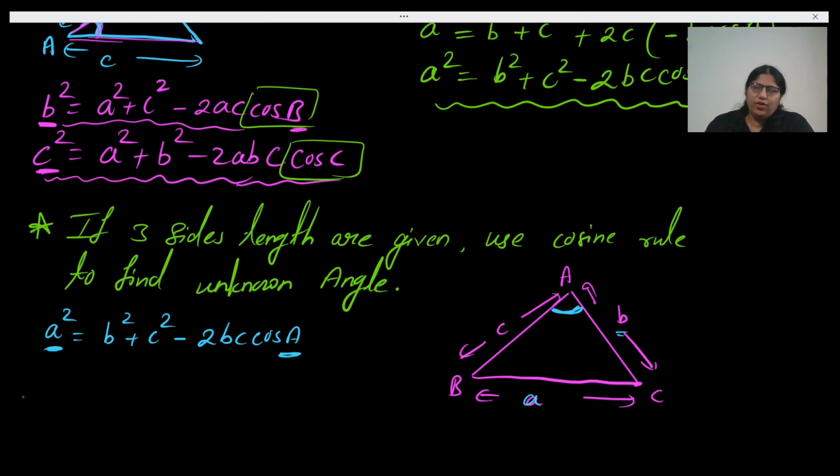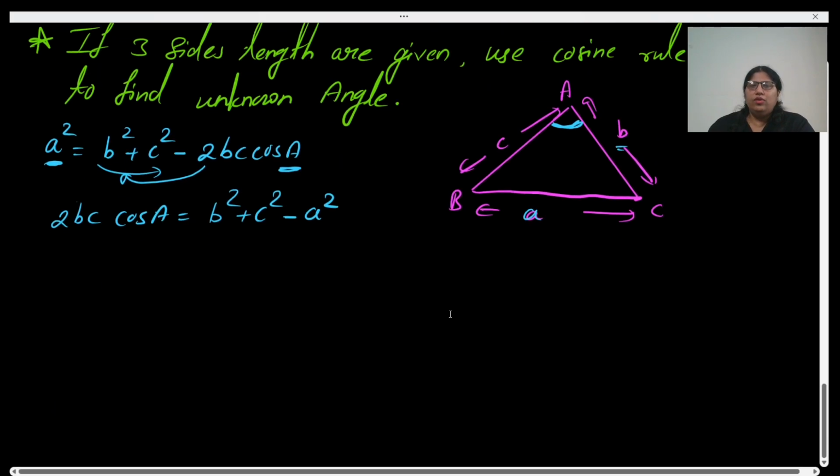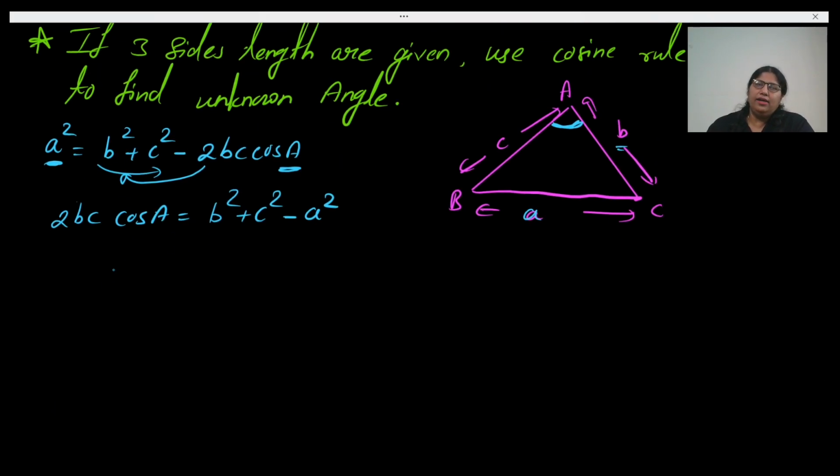But if I need to find out the angle, then I can transpose here. How? It will become 2BC cos A. So you don't even need to remember this rule. Using the basic cosine rule, you can derive angle A. So it will be cos A equals B square plus C square minus A square by 2BC.